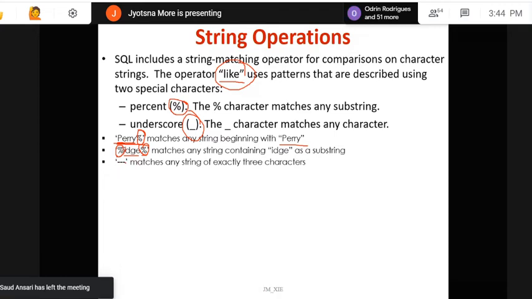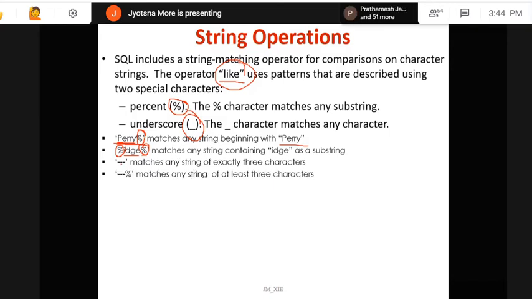It will match strings which consist of exactly three characters, any characters, but only three. If I write three underscores and then percent, it means any three characters and after that any string, so a minimum of three characters has to be there. These three characters are compulsory.